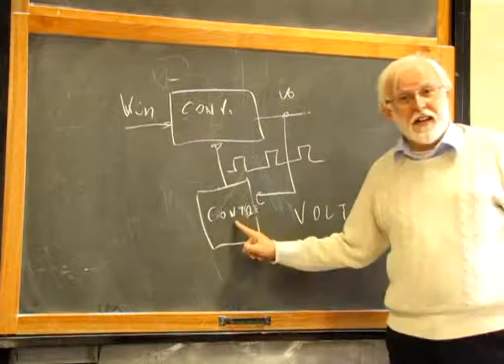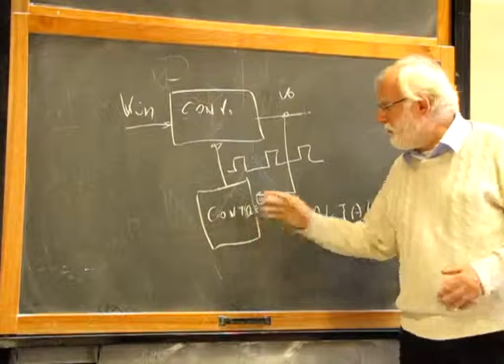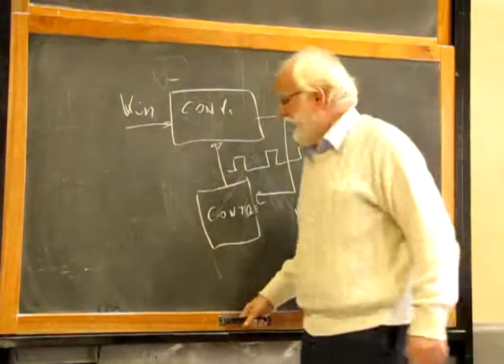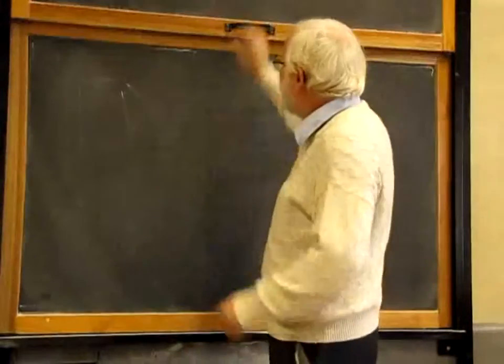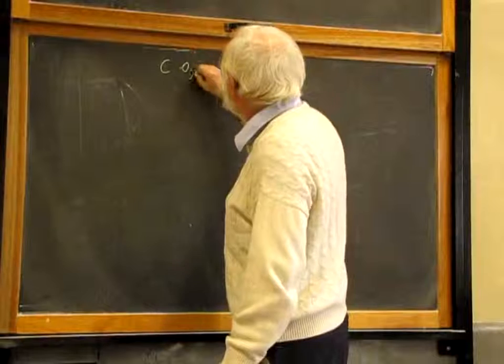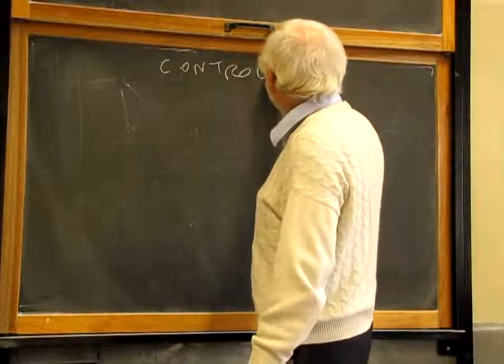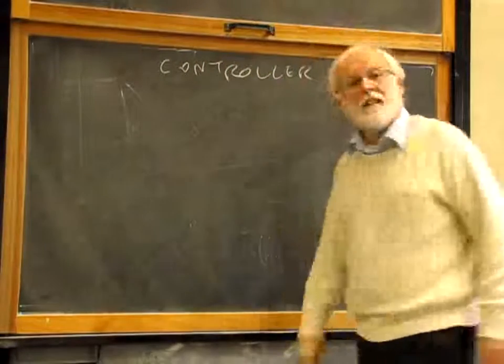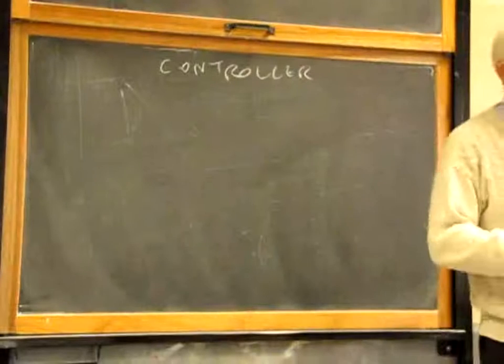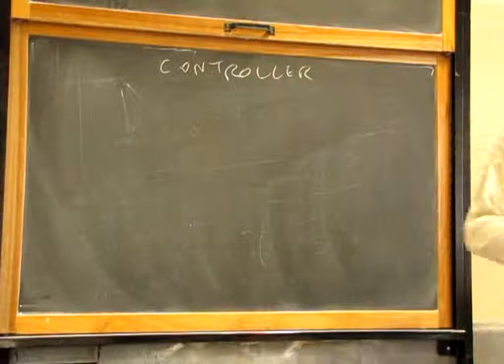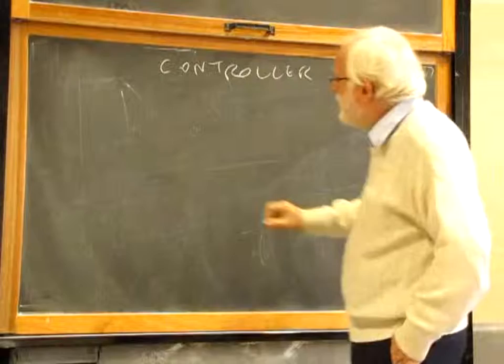Let's see what is inside. Let's zoom in into the controller. That is feedback class, basically, something that you learn in a feedback class. The controller has something like this.